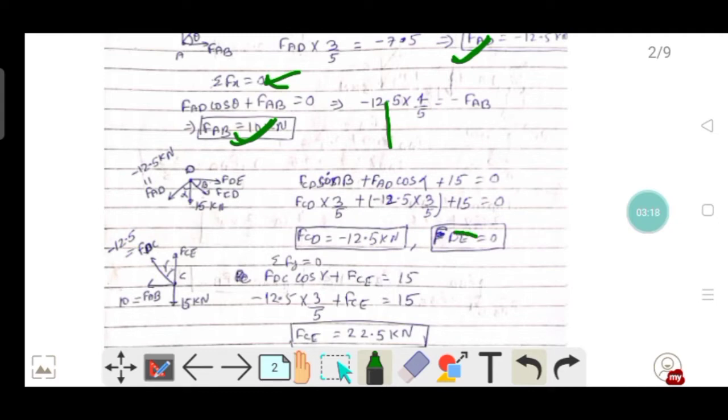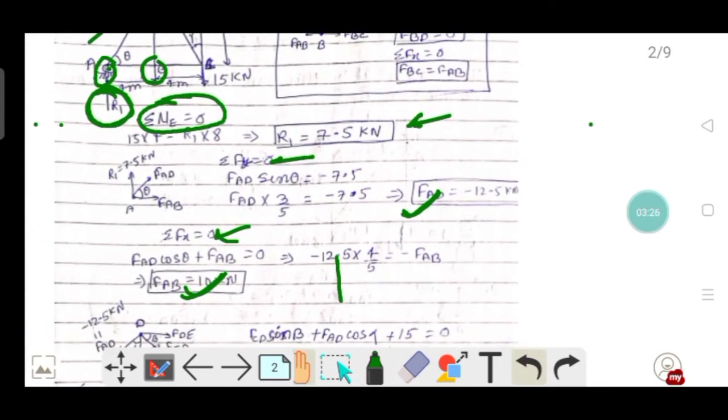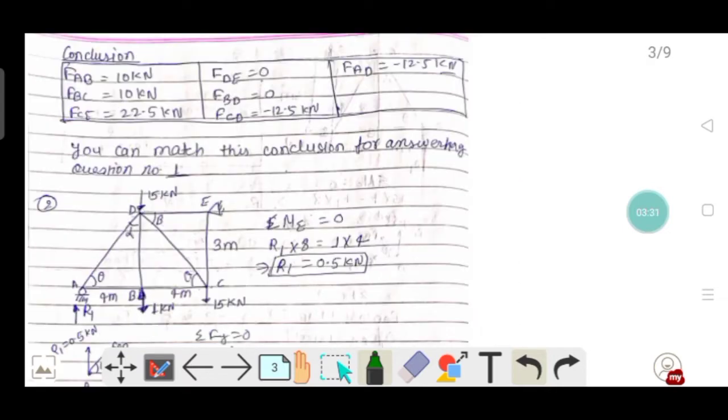In the same way we calculate the other member forces due to external loading. So these are the member forces we get due to external loading: in member AB 10 kilonewton, BC 10 kilonewton, CE 2.5 kilonewton, and so on.